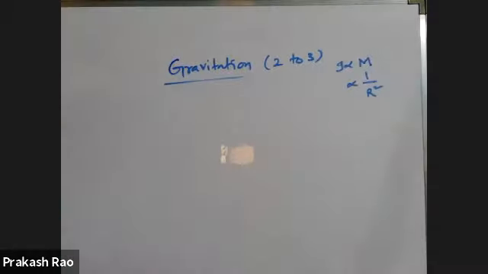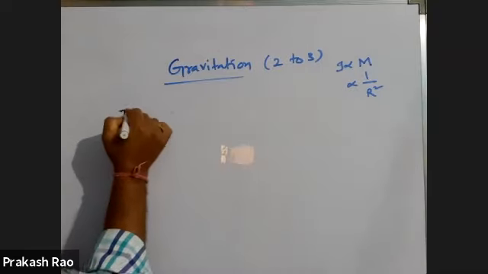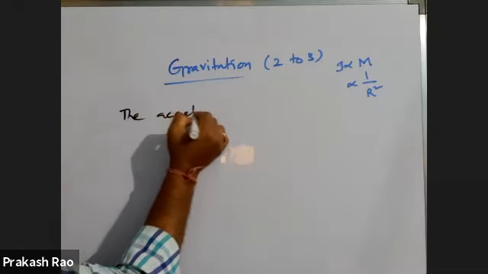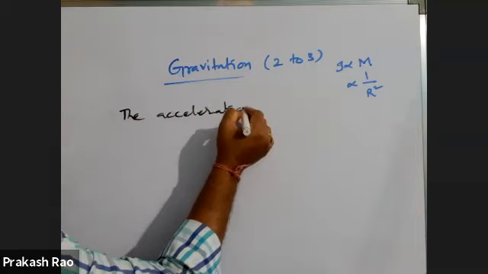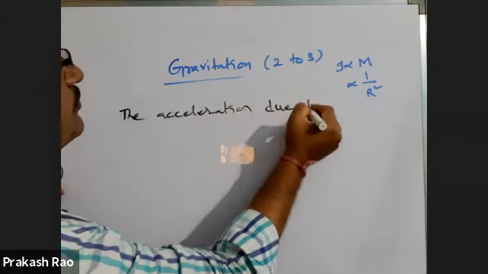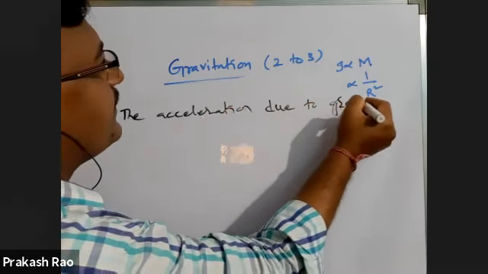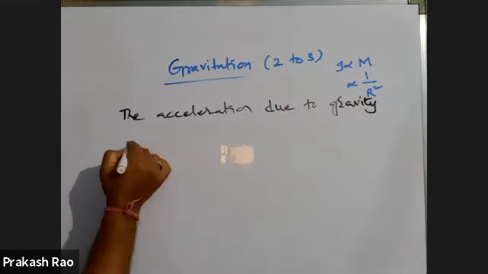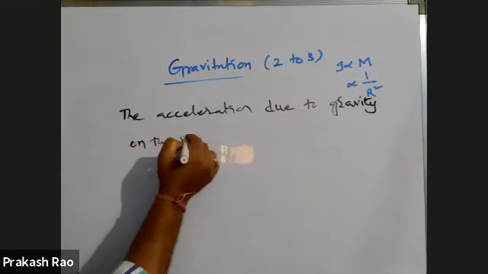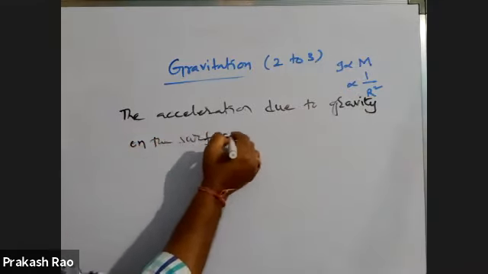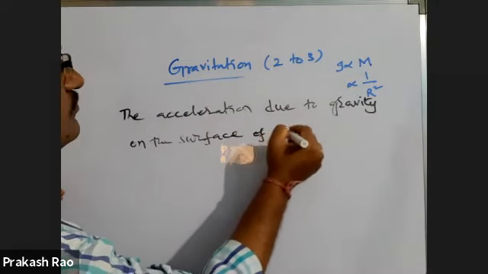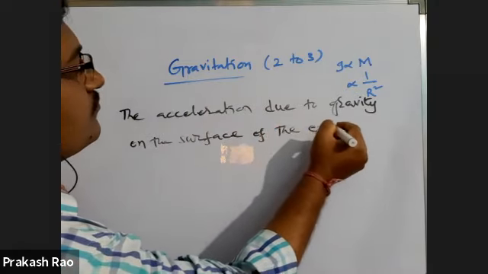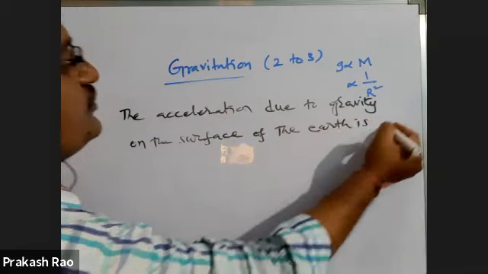The acceleration due to gravity on the surface of the earth is g.